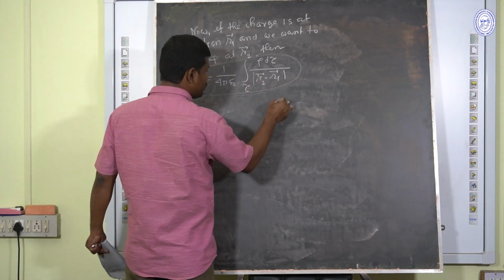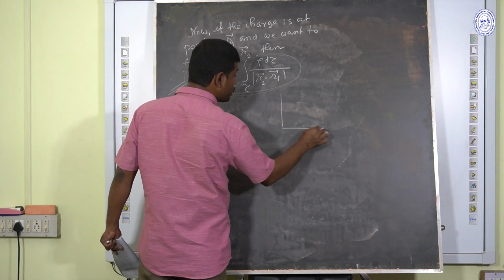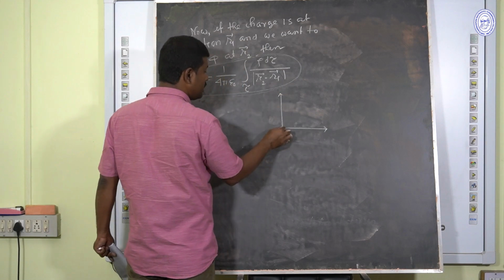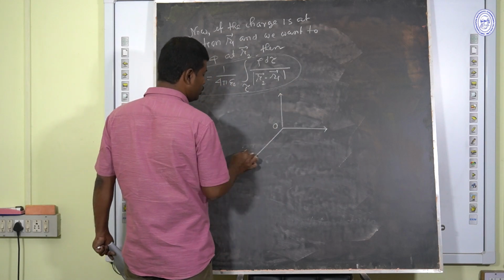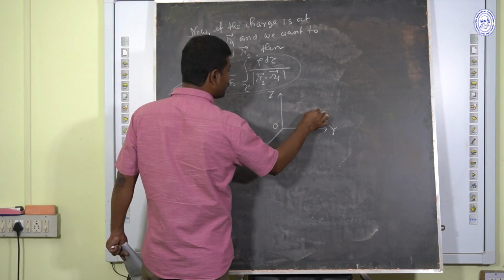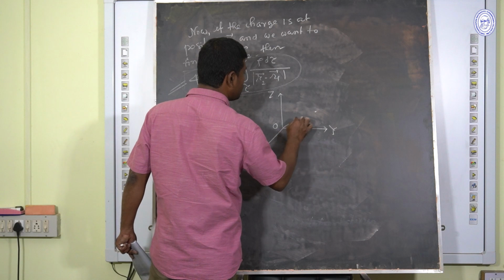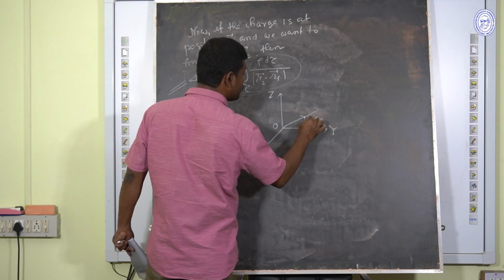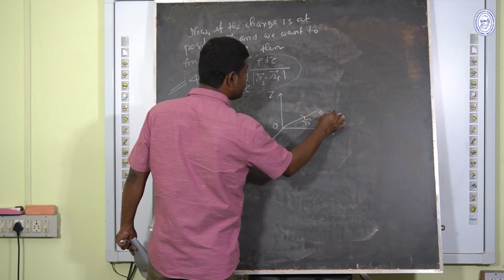For this, we can show this with a diagram. Suppose this is a coordinate system, this is O, this is X, Y, Z, with a particular point R1. This is your source point.